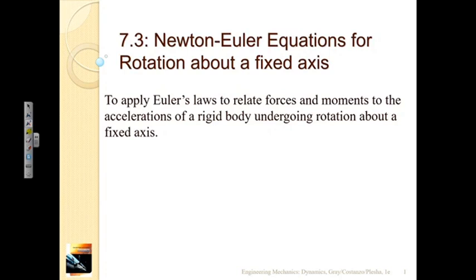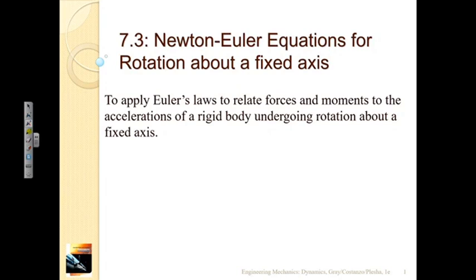Sometimes it may be easier to break it up. Kind of a horse apiece. You got to do some work to figure out where the CG location is, but it's nice that you only have to find one acceleration. Here, possibly no work to figure out where these locations A and B are, but now you got to figure out two different accelerations. So pick your poison. We'll talk about that later.